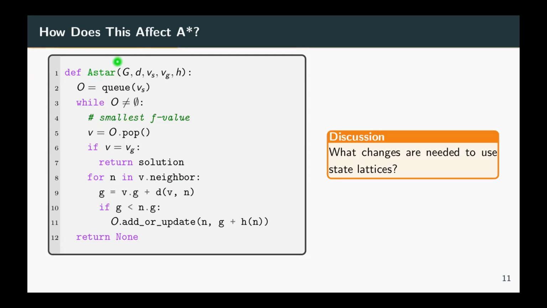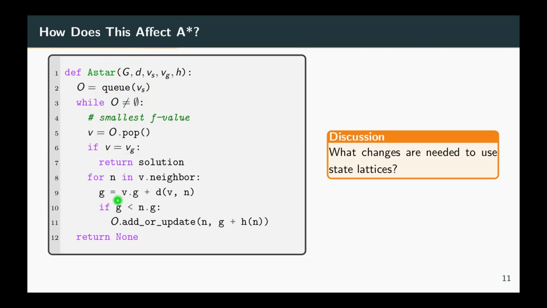So we have our open set, which is a priority queue, that we start with our start vertex. Then in the iteration, we repeat until our open list is empty. We take the smallest value based on the F value. If that turns out to be the goal, we return the solution.